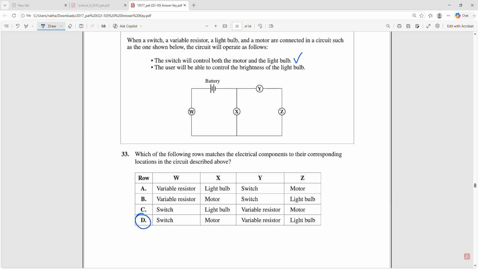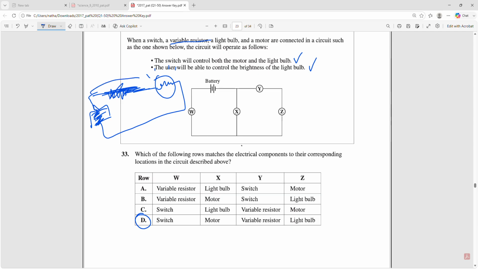And then it says the user will be able to control the brightness of the light bulb. So that's going to be because of the variable resistor. We did talk about this briefly, but a resistor basically slows down the flow of electrons. If we had a light bulb connected to a battery and there was no resistor, just connected straight through with a wire, we would have a better flow of electrons.